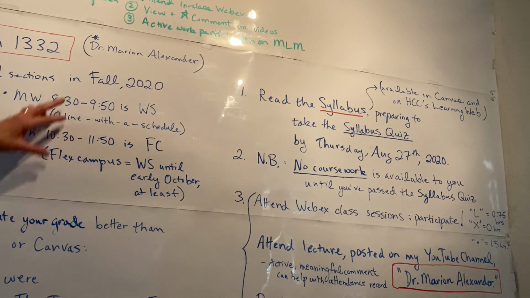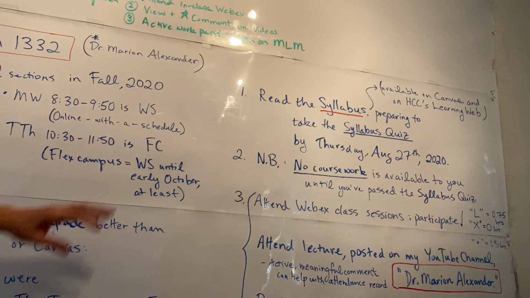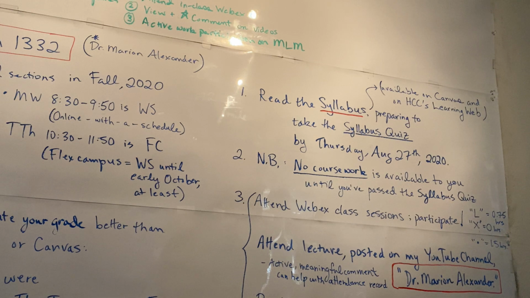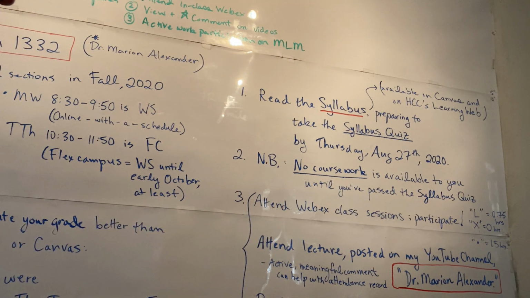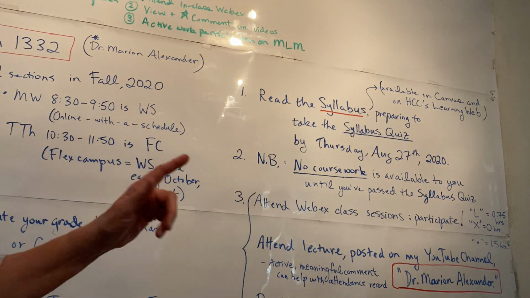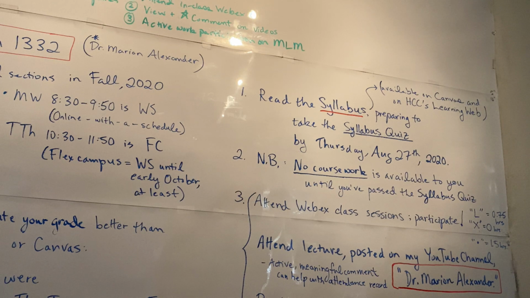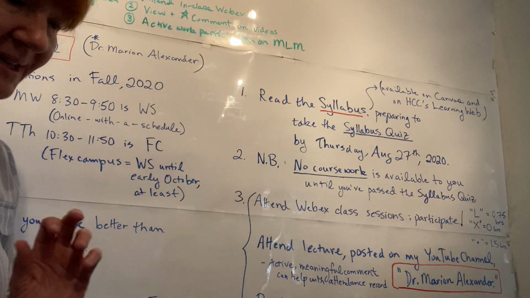For these classes that are online with a schedule, I have to take attendance during those sessions where we're going to be on WebEx. That's the plan right now. Let's hope that works. And I need to be able to see you actively participating there to mark your attendance. Just logging in and being silent for the whole class section isn't going to work.